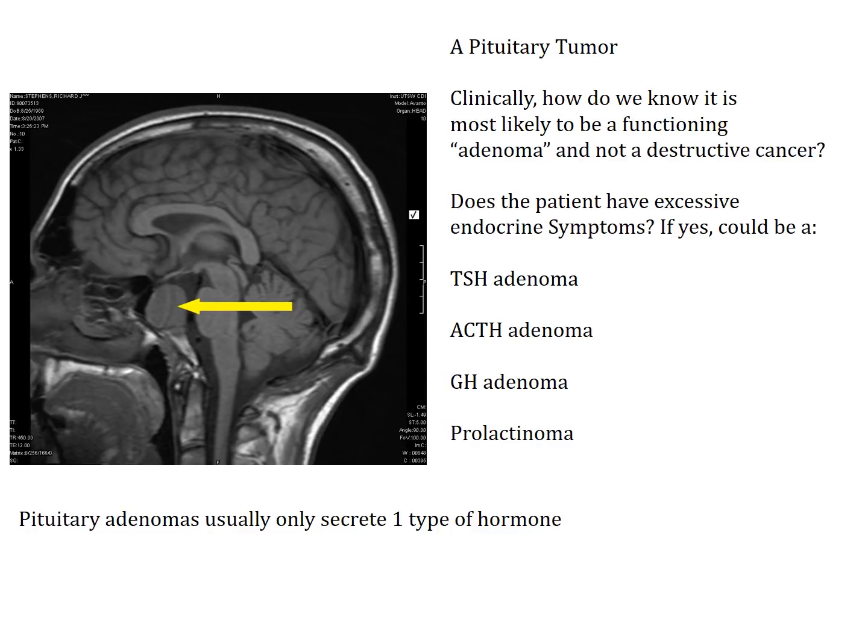Hyperthyroidism, right? If the person has an ACTH adenoma, what do they develop? Cushing's disease, right? If the person has a growth hormone adenoma, what do they develop? Kind of depends at what point in life. If it's early in life, they develop pituitary gigantism. Later in life, they develop acromegaly.